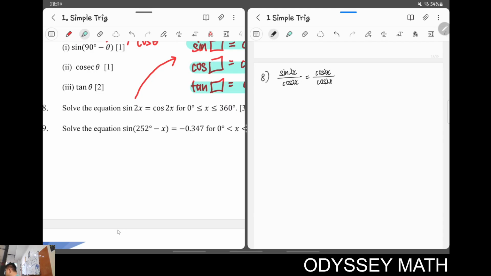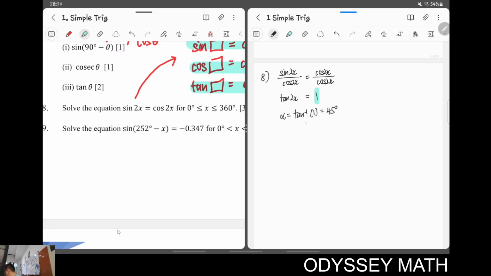Left hand side is just tangent 2x, right hand side equals 1. You understand so far? Again, let me reiterate, I did mention integer values and drawing a graph, that is only applicable for sine and cosine. For tangent, straight away you take the tangent inverse of 1. So this will equal 45 degrees. Remember to switch your calculator to angle.